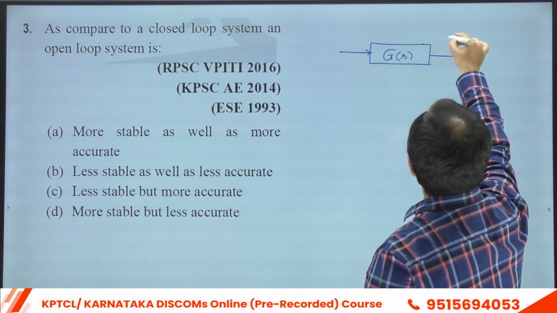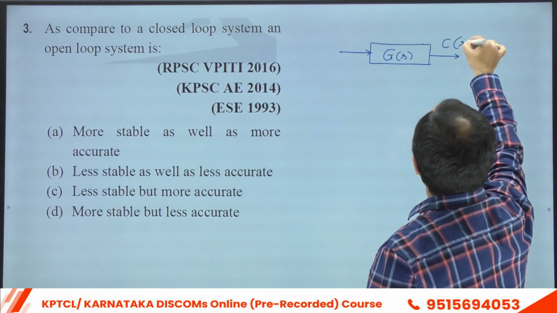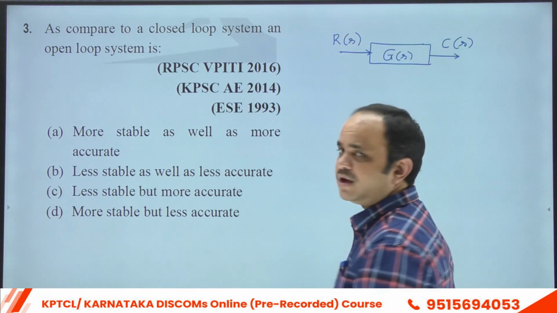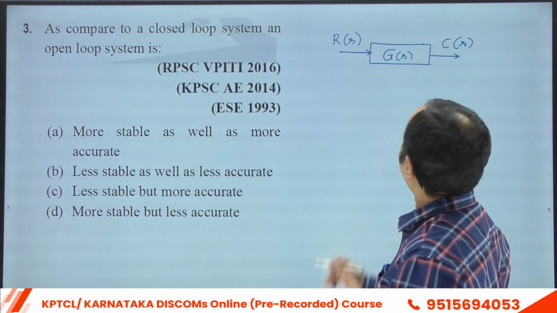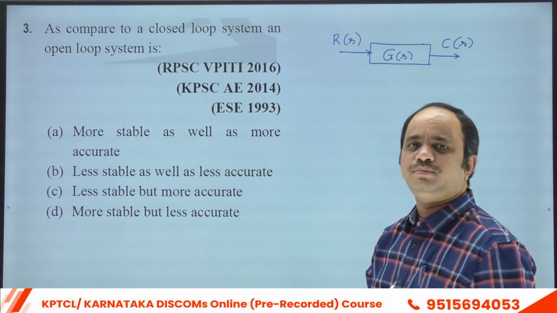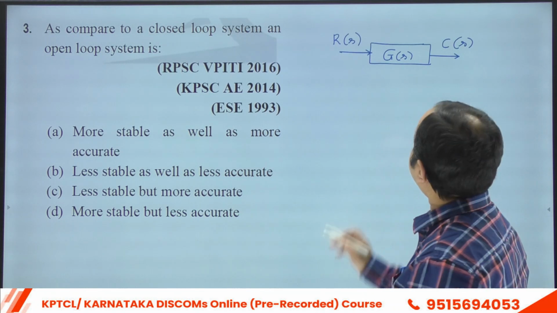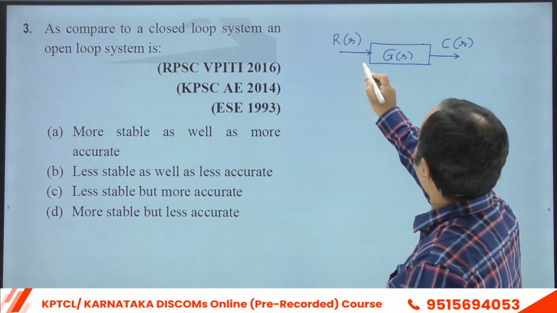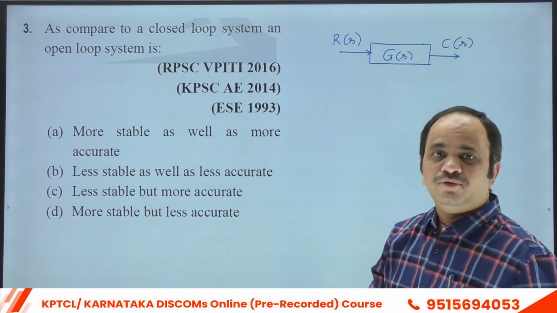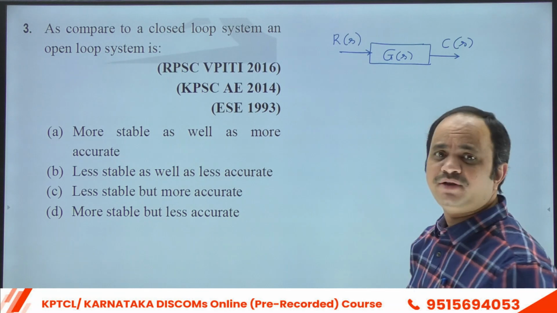So here let me take output is c of s and input signal is R of S. So here this system will do its own defined objective, right? But sometimes it will not perform as per the required specification. For that, what is the basic information required?